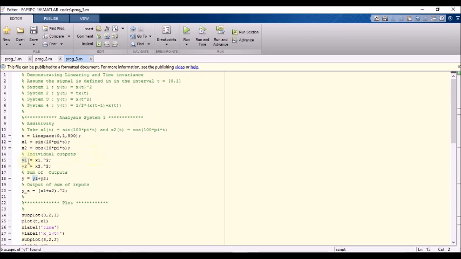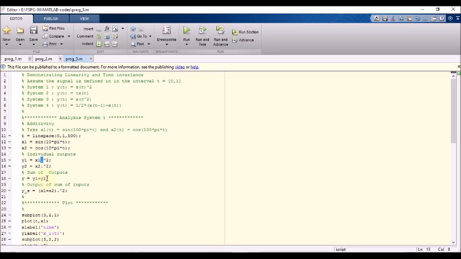This leads to the corresponding outputs y1 and y2, which are the squares of the sine and the cosine. Note that in the MATLAB notation, we need to take the pointwise square, and that is why the notation over here represents a dot and an exponent.